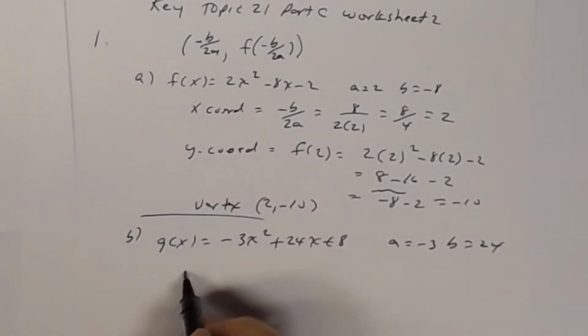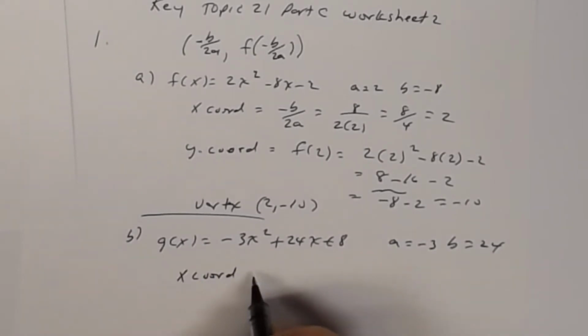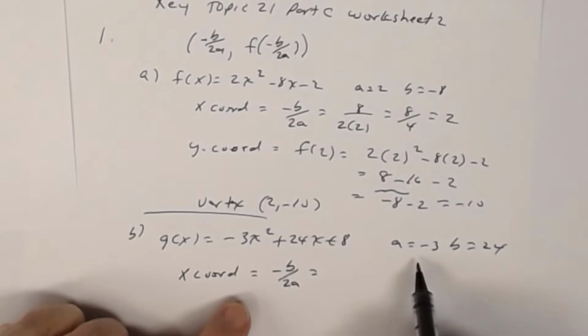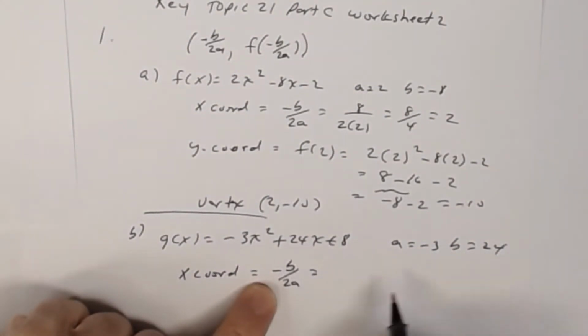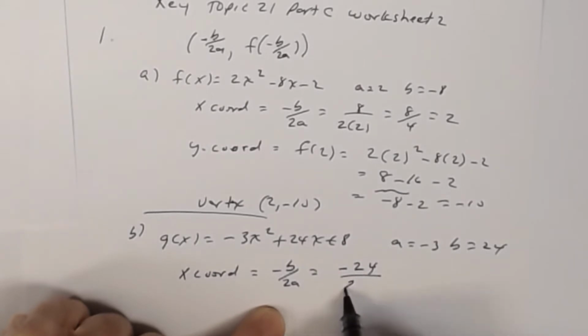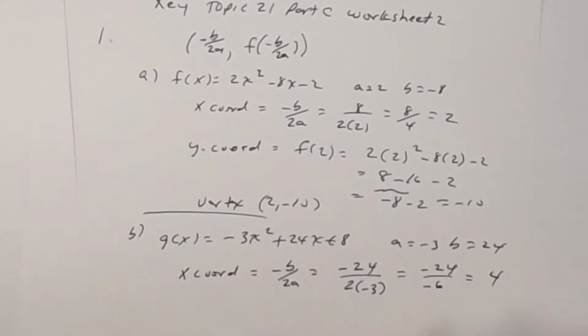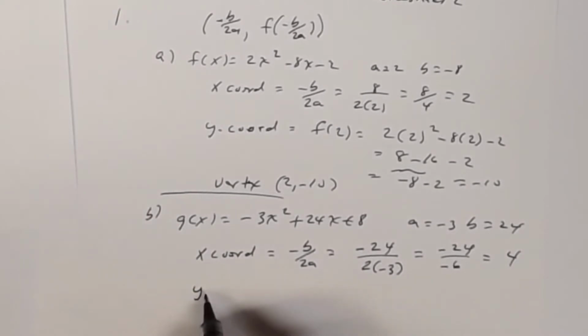And so the x coordinate of the vertex will equal negative b divided by 2a. This says the opposite of b, so b is 24. The opposite of 24 is a negative 24, divided by 2 times a, which is negative 3. So I get negative 24 divided by 2 times negative 3, which is negative 6, and you get a positive 4.